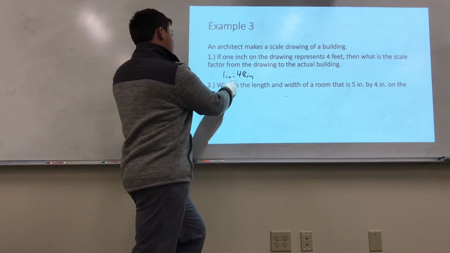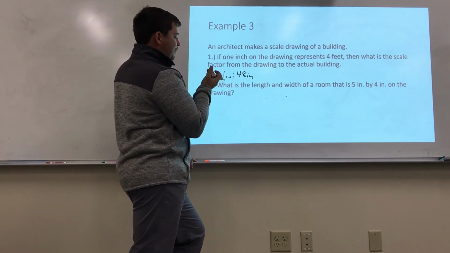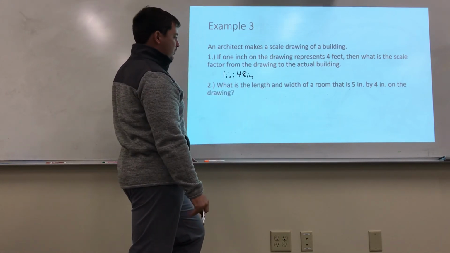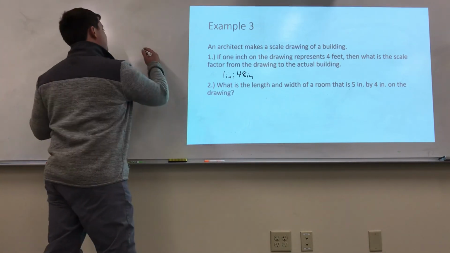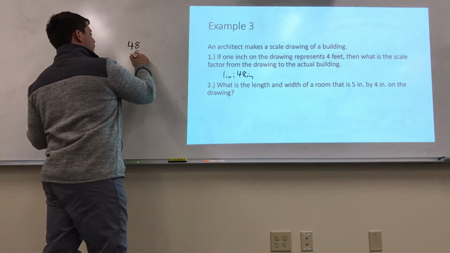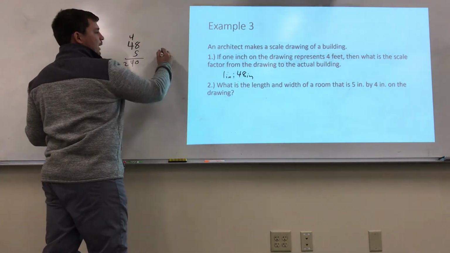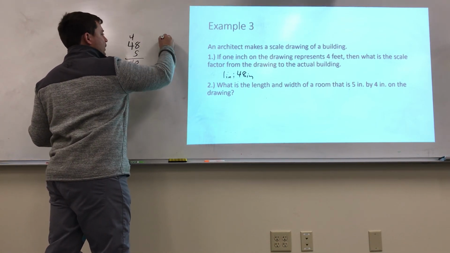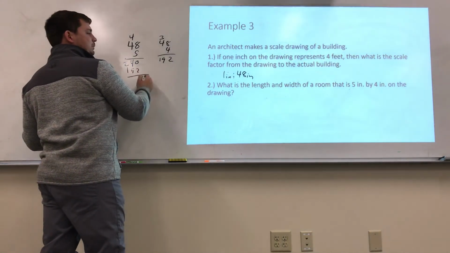The reason you'd want to go to inches is it's much easier to multiply if you keep your measurement in inches than if you keep it in feet and then come up with a decimal. So in this case you have 5 inches by 4. You're going to take your actual dimensions, which is 48 for every inch, times 5, and you get 240. Then 48 times 4 gets you 192.